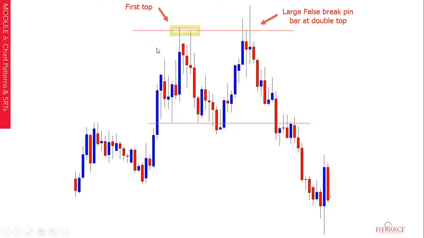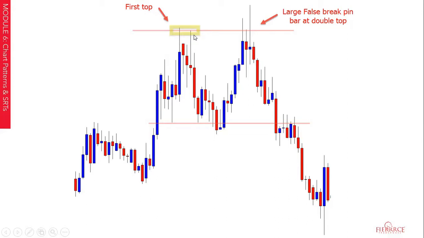Now, when we see these two, 1, 2, this is the first top in terms of this chart pattern that we are seeing. And then we can see this is the second one. Yes, there are multiple, but these multiple ones formed a significant level.